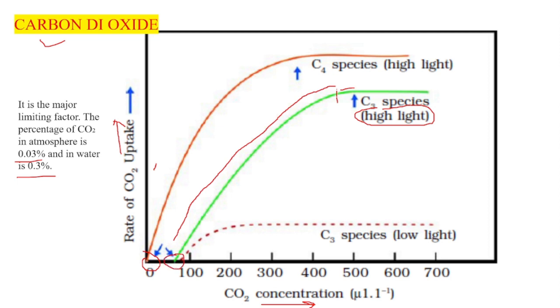The C4 plants work at zero CO2 uptake also. They start from zero, and they can work very well at very high light intensity. Their saturation point is also very high, and after some time they also come to a stop.